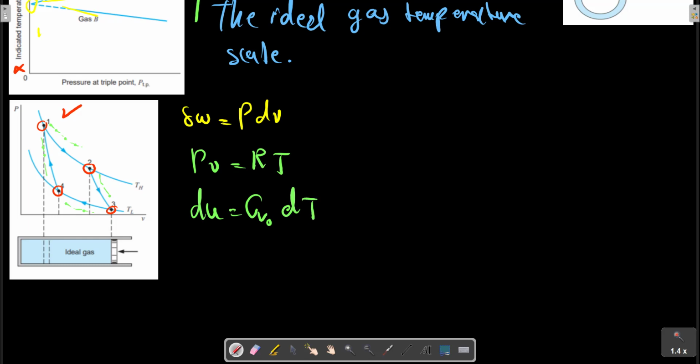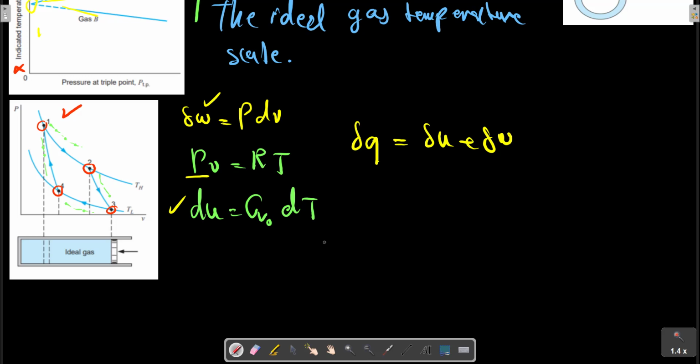For these four processes, assuming no change in kinetic or potential energies, the first law can be written as delta Q = delta U + delta W. Substituting the three previous expressions into the equation, we have this relation for delta W, and also we have a relation for P from this equation.